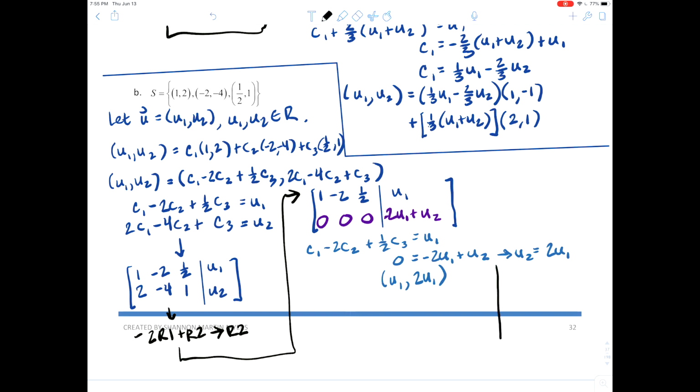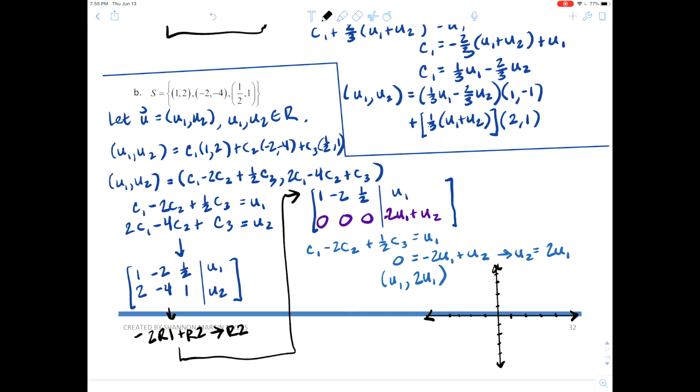What do you think? It is in R2, that is true, but what do you notice about it? Good, it's basically going to be all vectors that lie on a specific line, right?